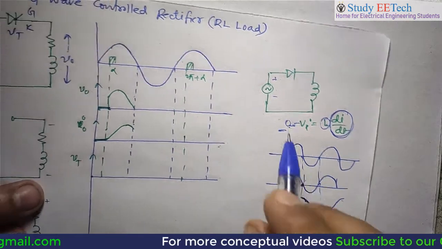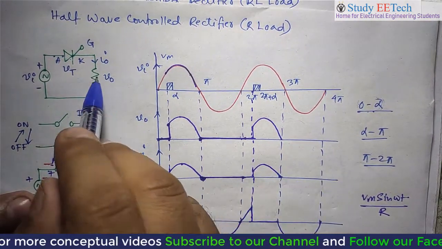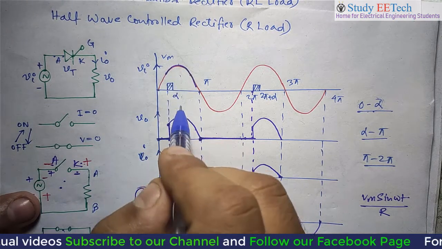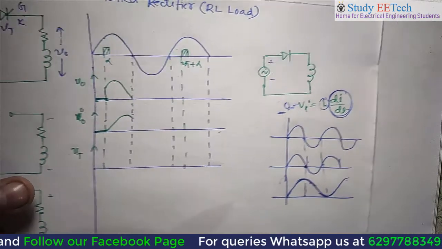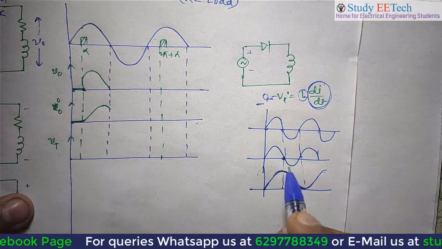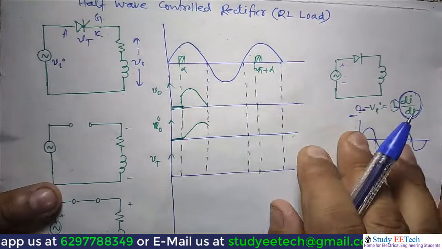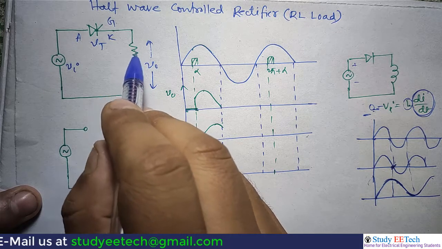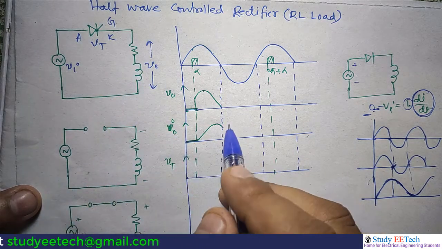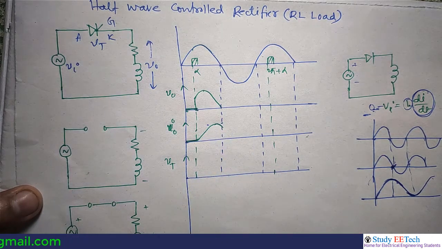We have seen earlier that in case of resistance only, the peak reaches at pi by 2, and in case of pure inductance, the peak value reaches at pi. So if we have some resistance R and L, the max value will reach somewhere between pi by 2 and pi.